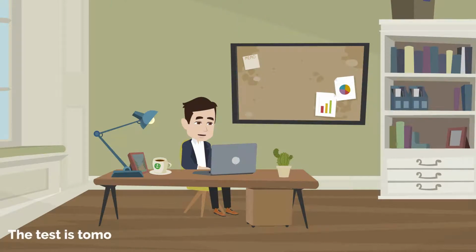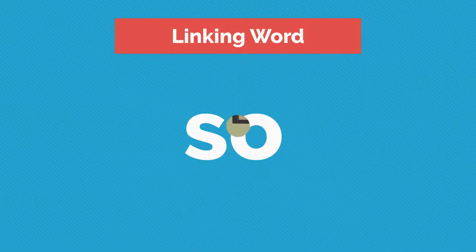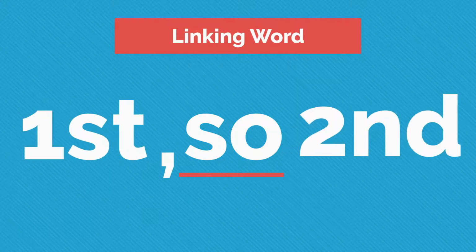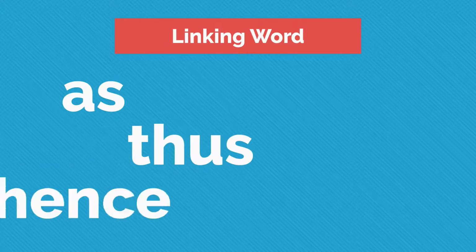The test is tomorrow, so I can't go out to the party. I must study instead. As you can see, with the conjunction so, you must always use a comma to separate the first and second clauses. Examples of other linking word conjunctions include as, thus, hence.